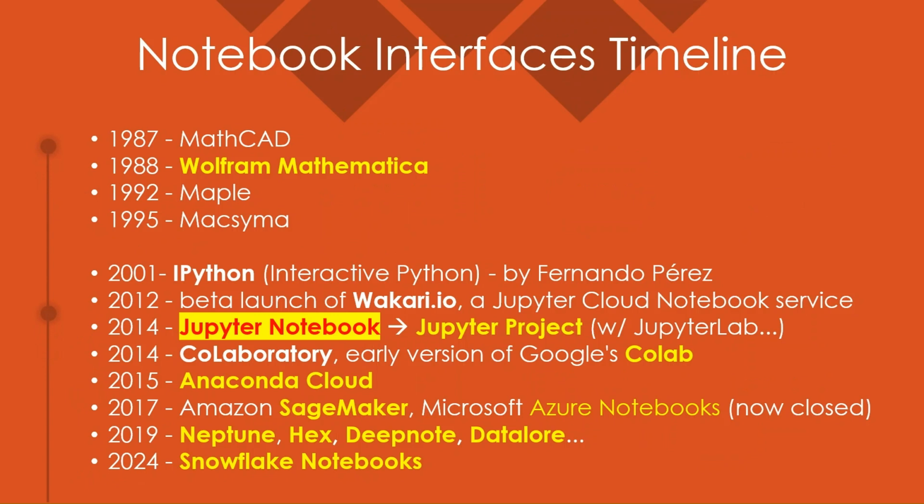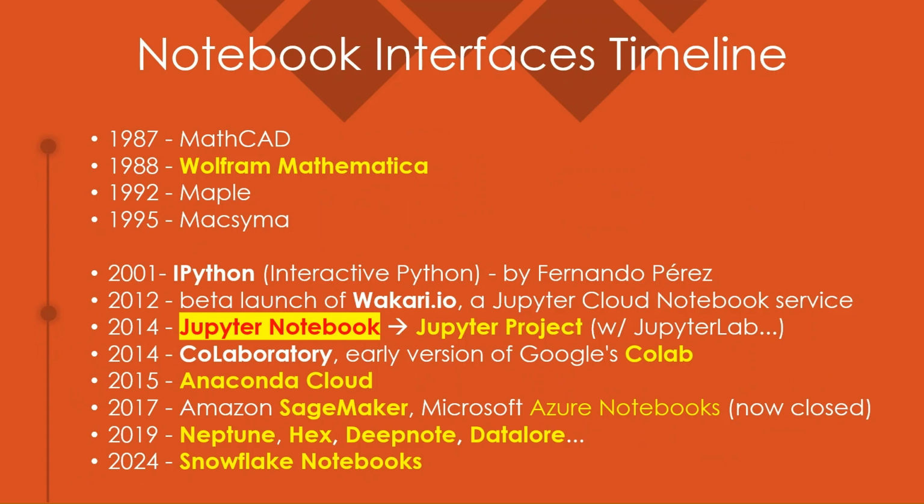By 1988, one year later, they came up with Wolfram Mathematica. And this is important, you'll see why I highlighted it, because basically Jupyter Notebook has been heavily inspired by Mathematica. 1992, Maple. 1995, Maxima. Some of these applications may still exist, some others don't.